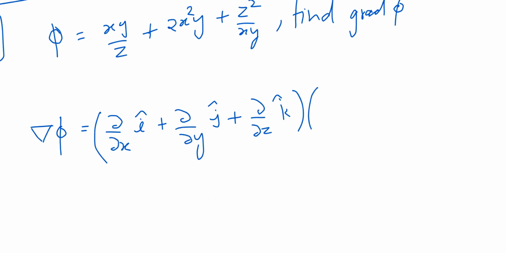And we have xy over z plus 2x square into y plus z square over xy.